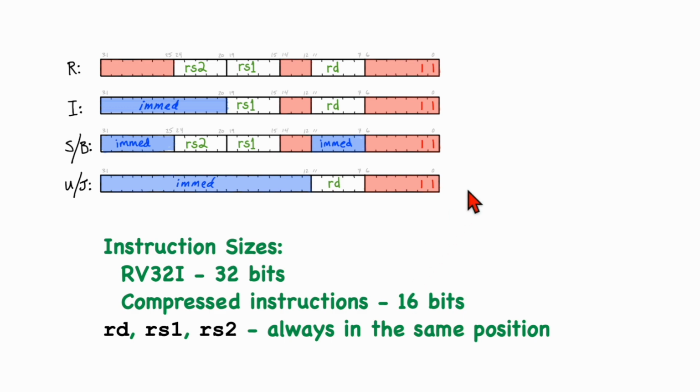Here, we're showing the full-sized instruction types. Notice that the least significant 2 bits are always 1, 1. The other bit combinations are reserved for identifying compressed instructions. Notice that the destination register, RD, and the source registers, RS1 and RS2, are always located in the same bit positions in the instructions.